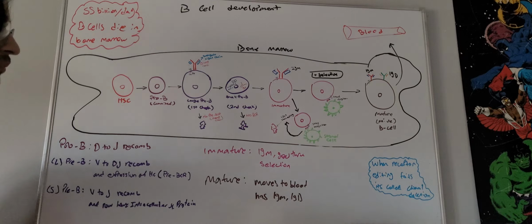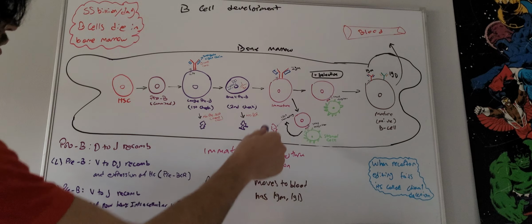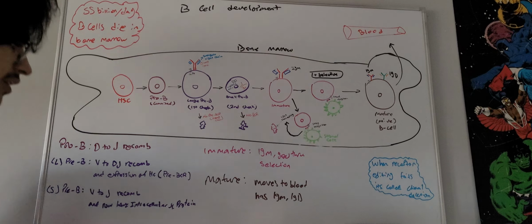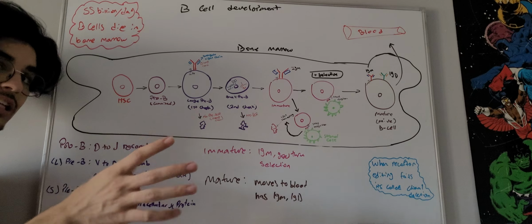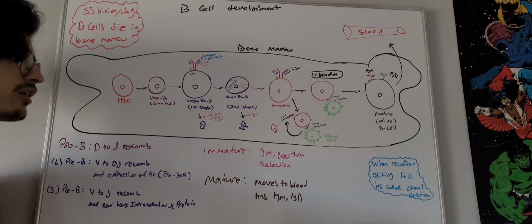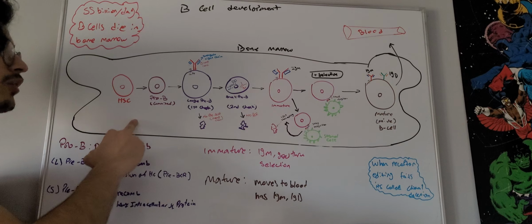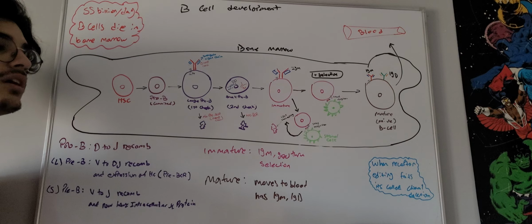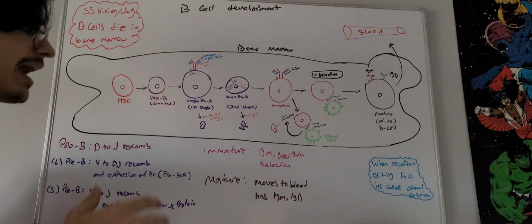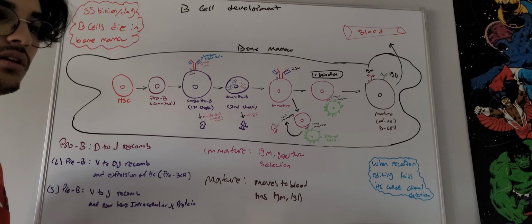But within here, we get a couple chances because of the light chain. Remember, we had V to J, right? So we have a lot of segments to go through, no matter which one we chose. It could have been V1 to V100, and then J1 to like J60, and we have a lot of options to go through. So we can edit our receptor as many times as we want.